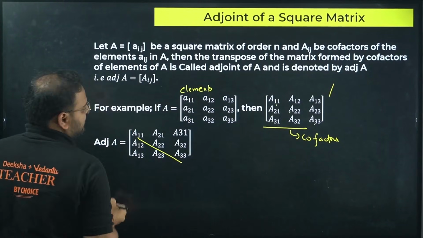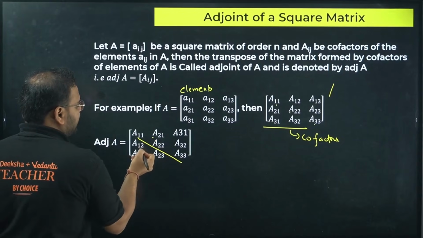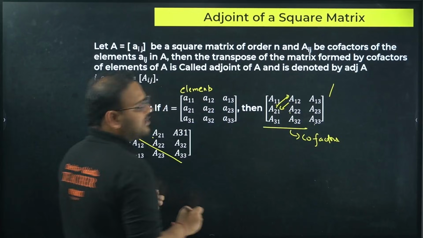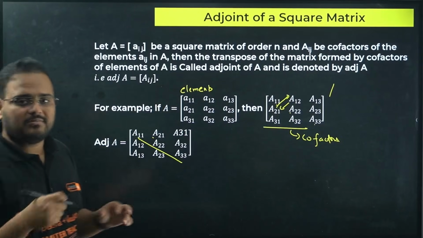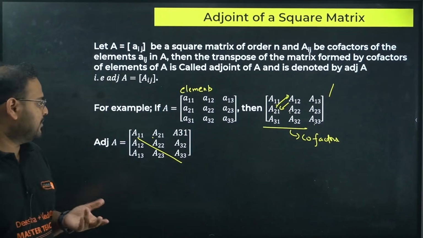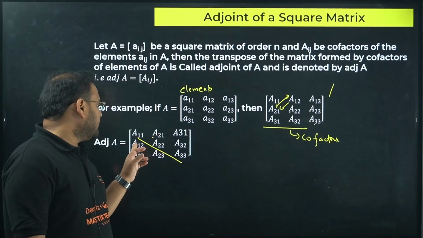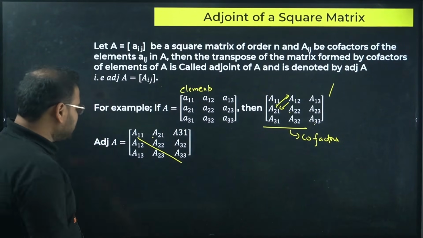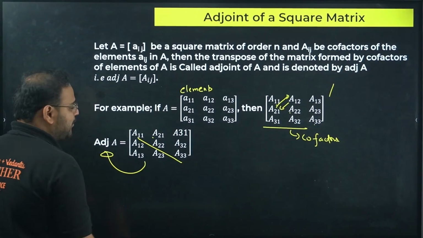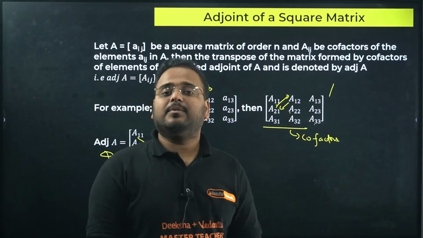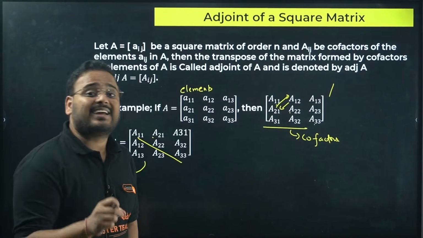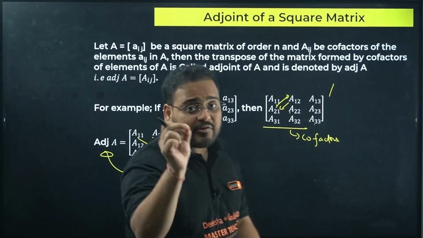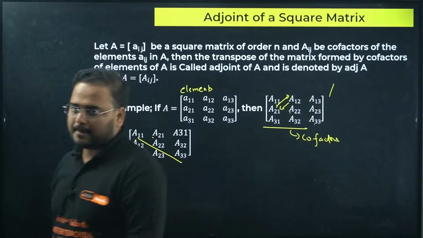This is not changed, but A21 comes over there and A12 comes over there. Basically I've taken the transpose, so A21 comes here, A31 comes here, A13 goes there, and when you do that, this particular matrix is called the adjoint of A. So adjoint of A is nothing but the cofactors matrix taken transpose. I'll repeat, adjoint of A is nothing but the cofactors matrix taken transpose.